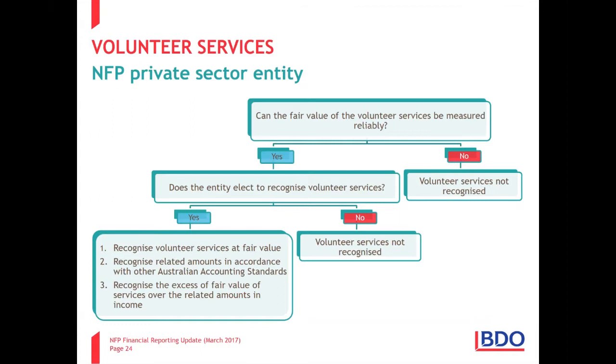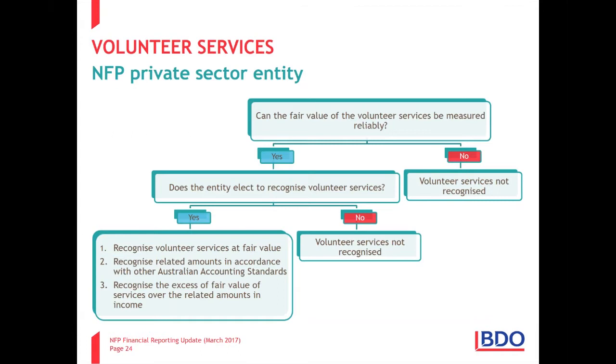We determine the fair value of these volunteer services. We include it as income, potentially. We expense it as it's incurred, and there's really no impact on profit before tax. So you'll recognize your volunteer service at fair value. Usually volunteer services would not lead to an asset, usually it leads to an expense.